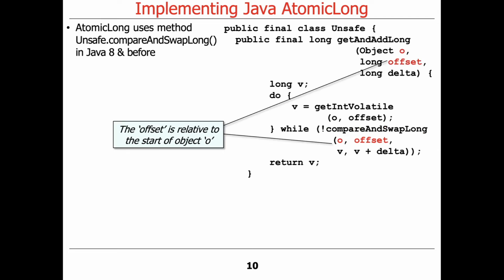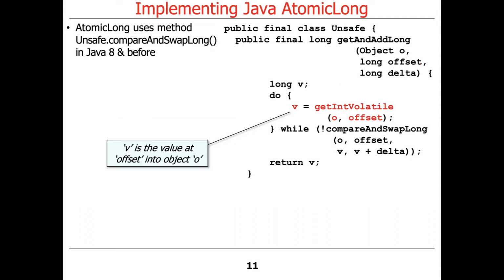So what happens here is offset is relative to the start of object o. So let's say for the sake of argument, offset is 4, which is probably what we would get if we were dealing with a value in an AtomicLong object. So what we say is use compare and swap long to start at this location in memory and offset it by, say, 4 bytes.